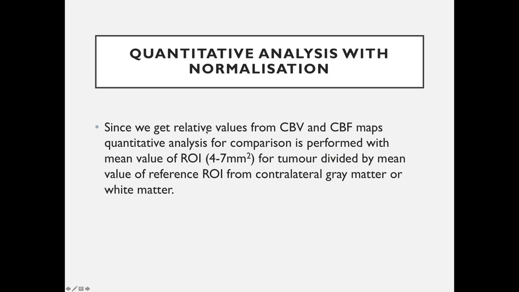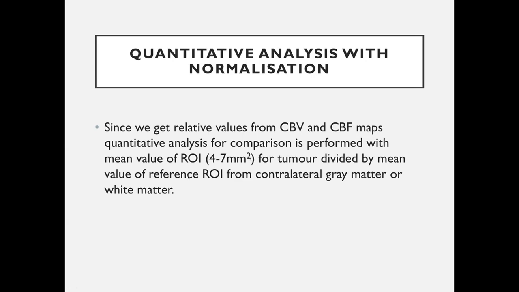So since now we have CBV, CBF maps and we have overlapped them, how do we quantitatively analyze them? That's the most important thing. I usually use an ROI of maybe 2 to 5 or 4 to 7 millimeter squares. As I have already mentioned, I have to take a normalized ratio.